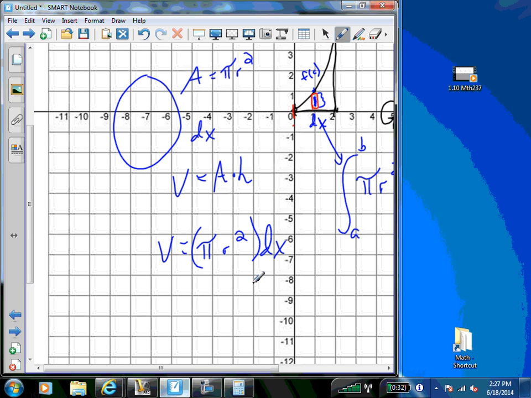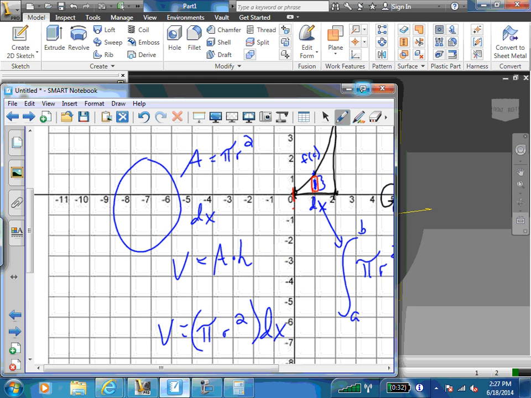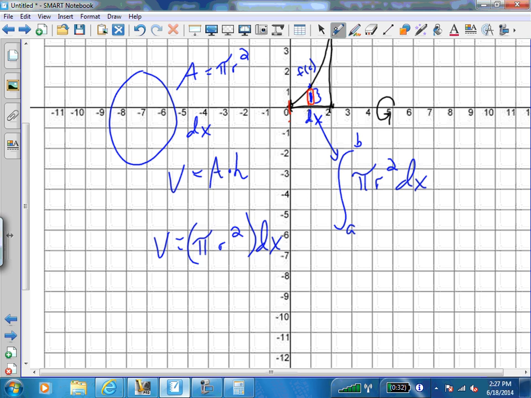Now, pi is a constant, so we can pull it out. R is the distance from the center to the edge.